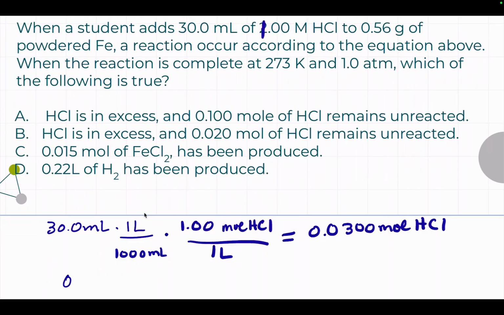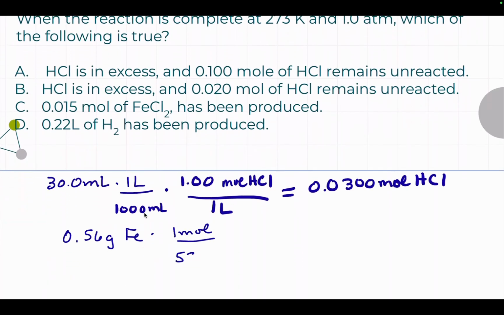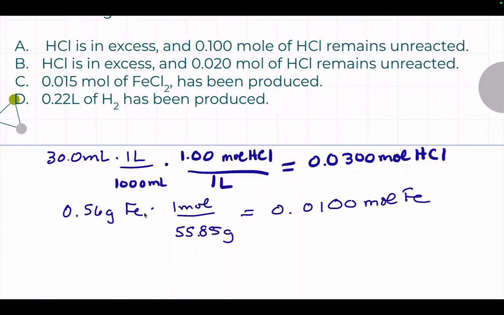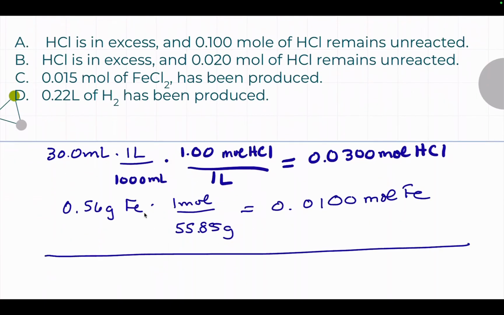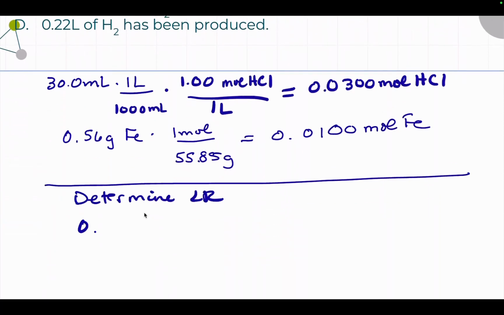And then they tell me that I have 0.56 grams of iron. So I'm going to convert that also into moles using its molar mass. And when I do that, I get 0.0100 moles of iron. So the next thing is I would determine the limiting. I'm going to show you both, but you can just choose one of these.